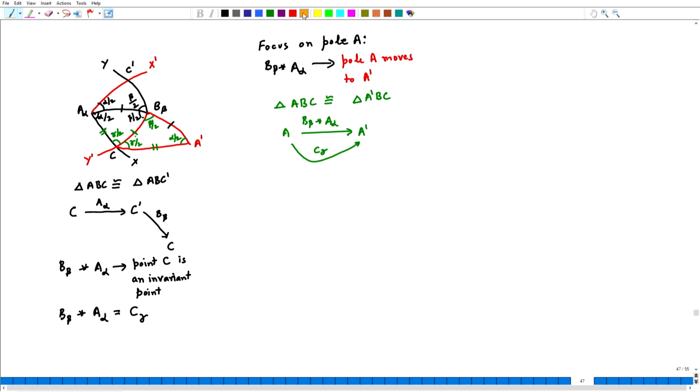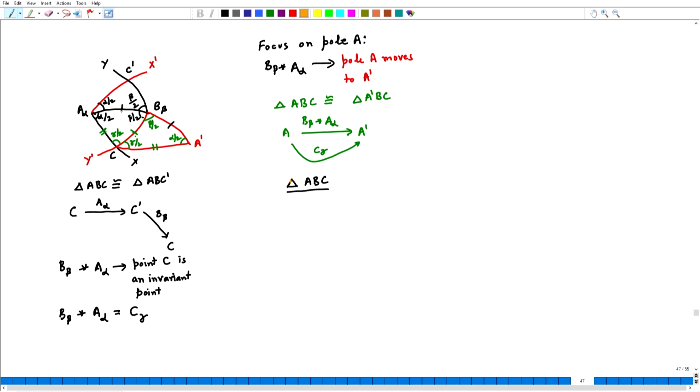Now, we will only focus on the triangle ABC and look at all the angles that this triangle has. So, the interior angles of this triangle are alpha by 2, beta by 2, gamma by 2. What about the angular distance between poles A and B, B and C, and A and C?